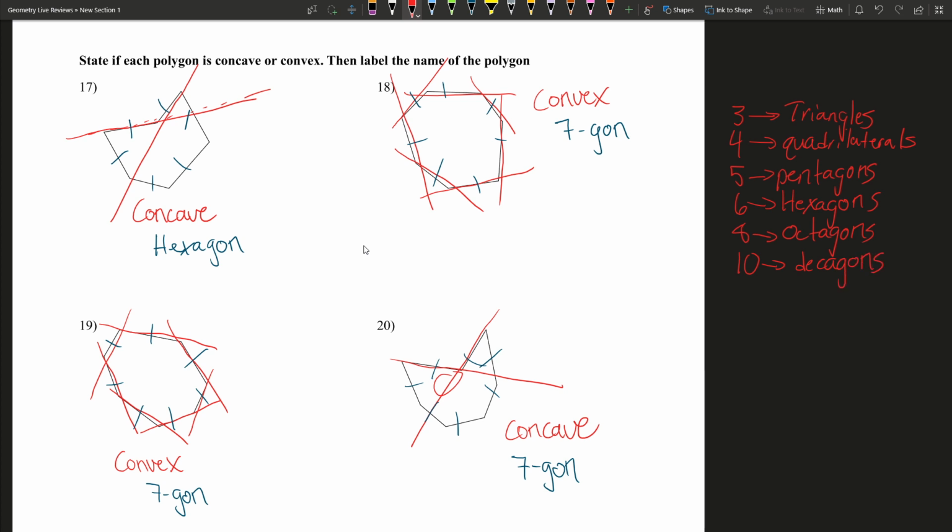Everything else is the number of sides dash gon. Okay, so an 11-sided polygon is just an 11-gon. A 20-sided polygon is just a 20-gon, all right?